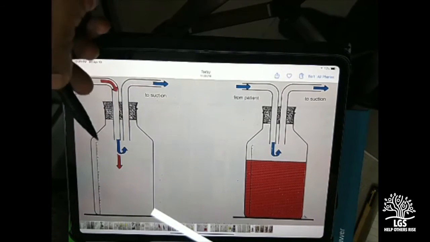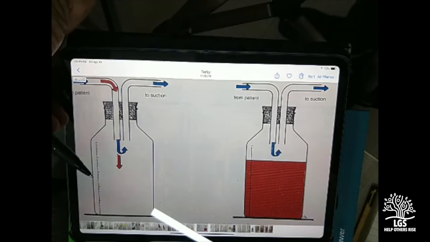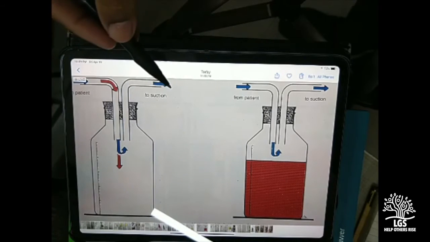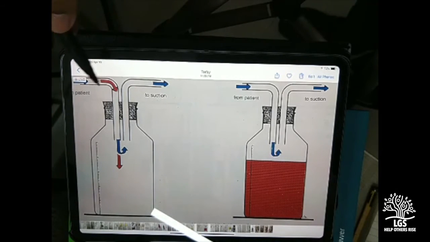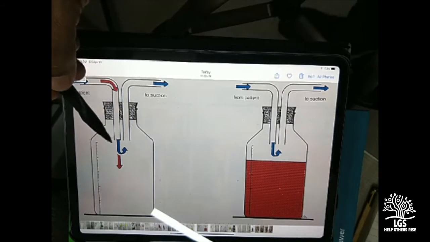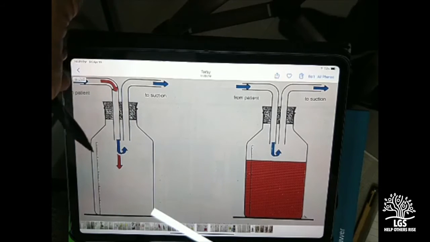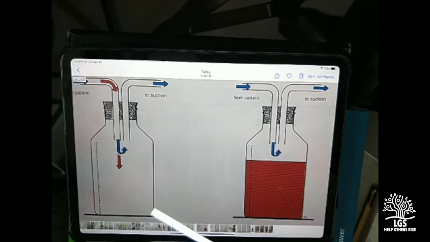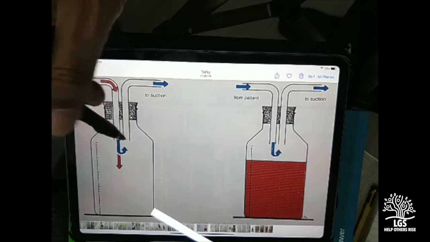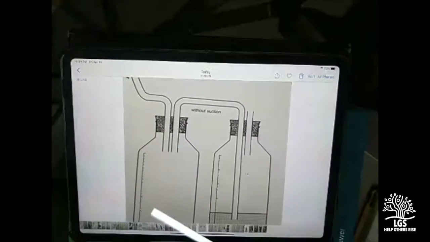This is a 2-bottle system. This is the reservoir. In the reservoir, all the suction is transmitted to the patient, and there is free movement of gas. So the fluid gets collected here. A reservoir bottle has to be always followed by a trap bottle.